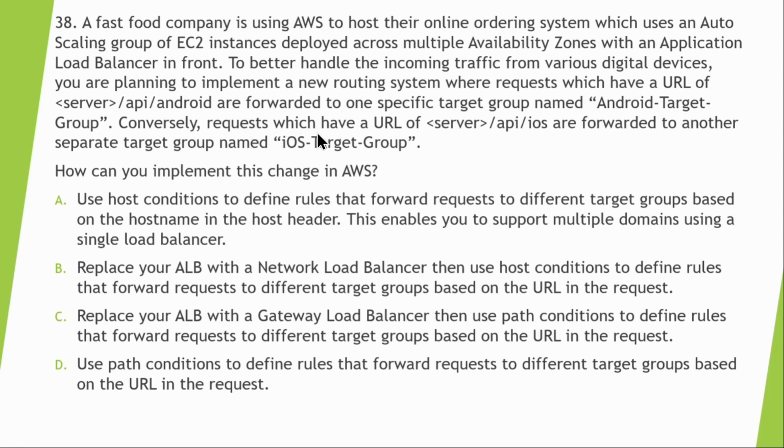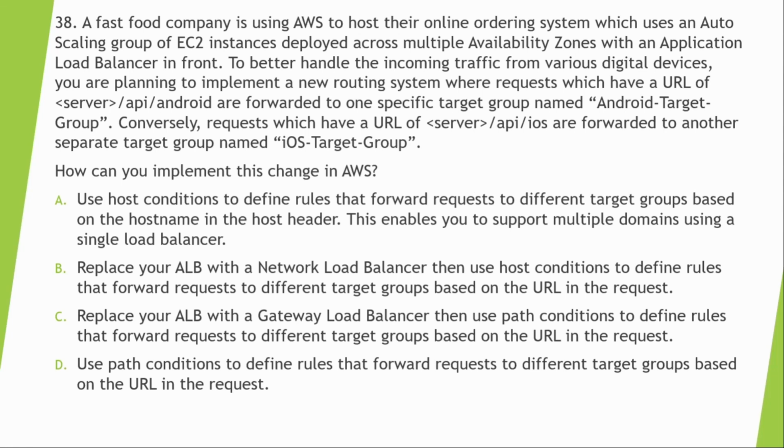Conversely, requests which have a URL of so and so are forwarded to another separate group, the iOS target group. That's how your ordering system works, in app, Android and iOS, so they have two target groups. Whenever the request comes from Android, it should be forwarded to the Android target group, and likewise for iOS. Now, how can you implement this change?